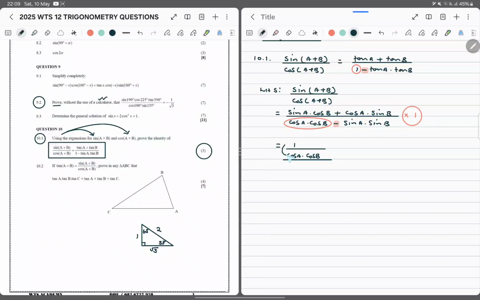Remember, we're creating a very complex type of 1 because we want to handle the numerator and the denominator the same way. Some people may say, if we divide by this in the denominator, we must divide by this in the numerator as well. It depends on how you want to look at it, but logically, when we multiply by 1, this is what we are doing.